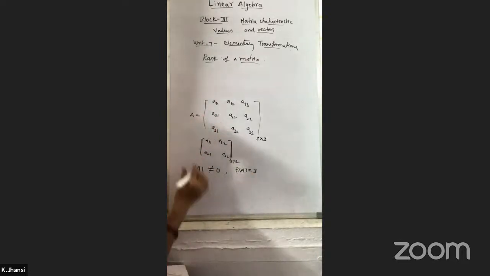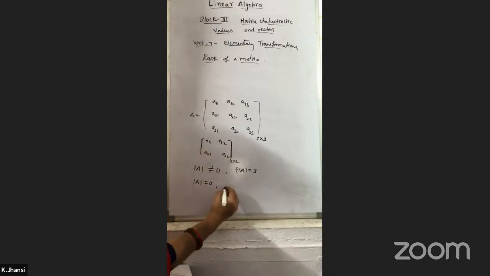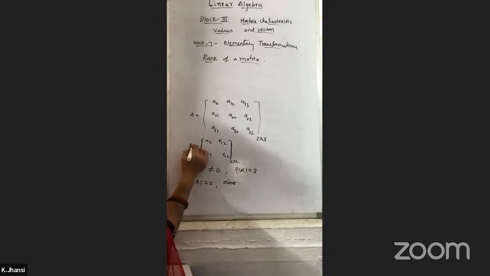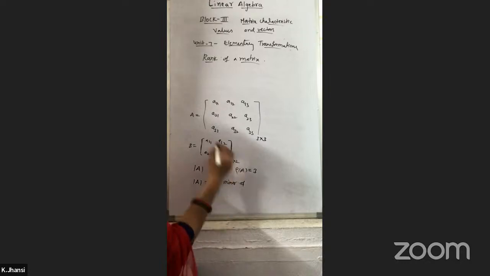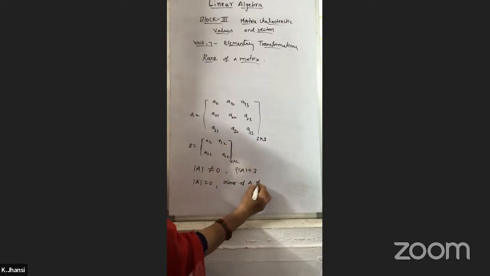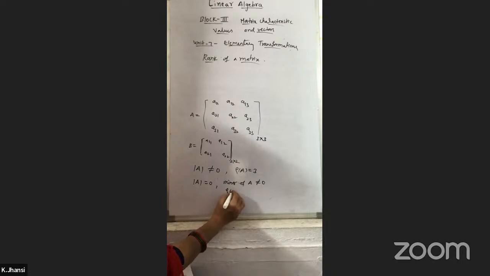And if you get the determinant of A equal to 0, and any minor, not all, any one minor is not equal to 0, say B is one minor, then rank of A is equal to 2.